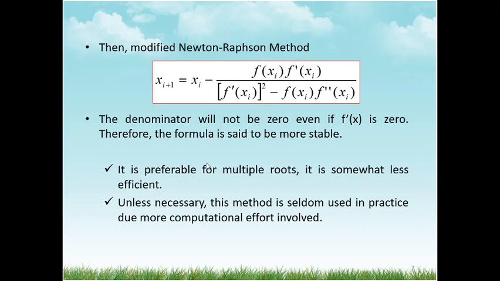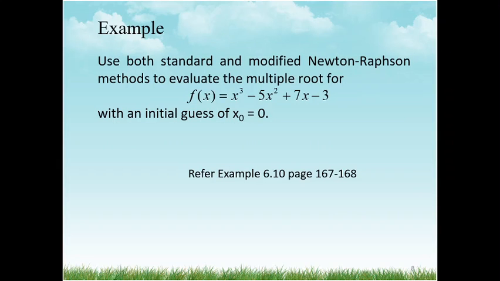So again, this modified Newton-Raphson method is preferable for multiple roots, even though it's not really efficient. This method involves laborious computation effort, so it's only used when it is really necessary. So let us start with our first example.